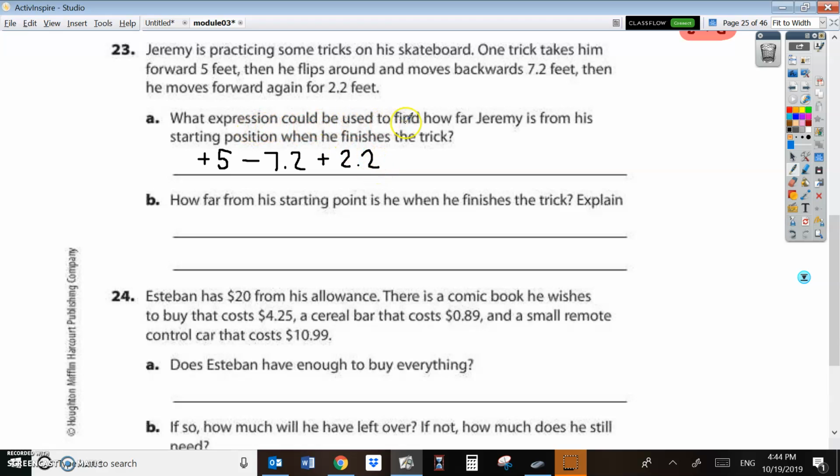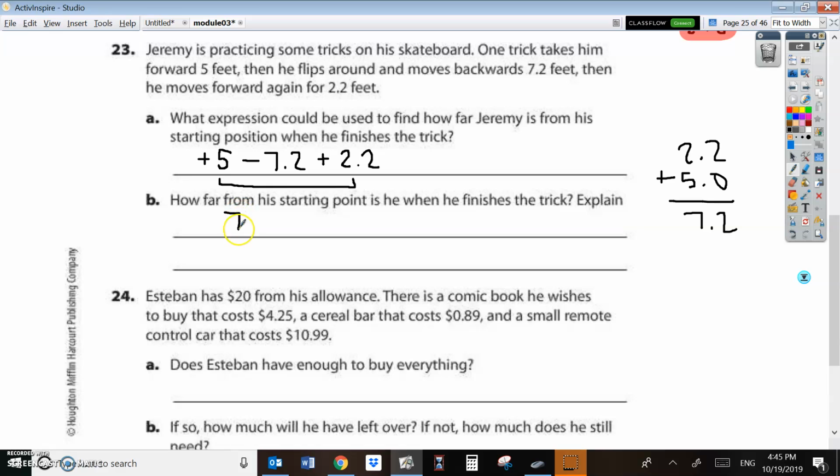What expression could be used to find how far Jeremy is from his starting position when he finishes the trick? How far from his starting point is he when he finishes his trick? Explain. So I'm going to combine these two positives, and I know that 2.2 plus 5.0 is 7.2.